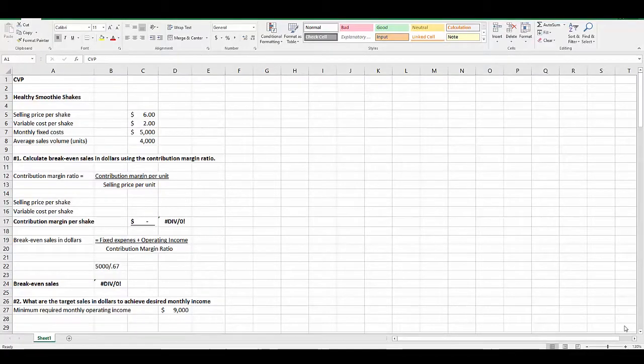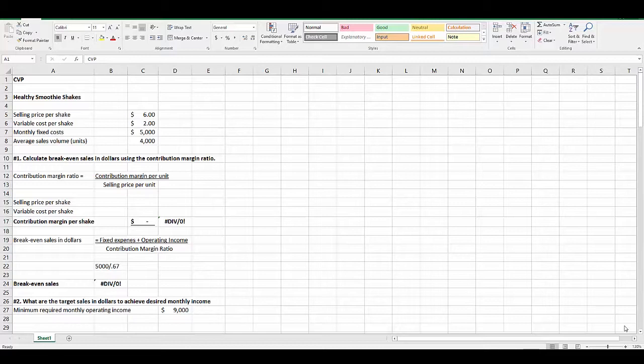This next problem that we're going to do is comprised of several sections, but it's all related to the same organization called Healthy Smoothie Shakes. And cost, volume, profit, or you'll see it called CVP. This methodology is a really quick way for accountants to do analysis without having to recalculate the full income statement.